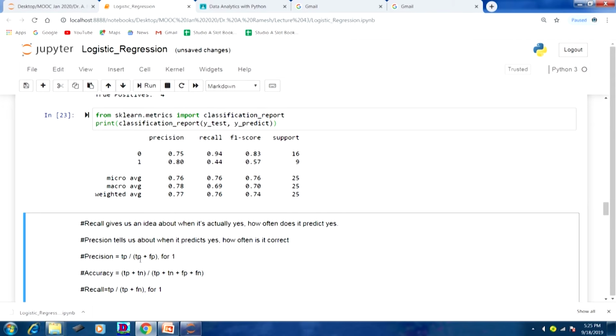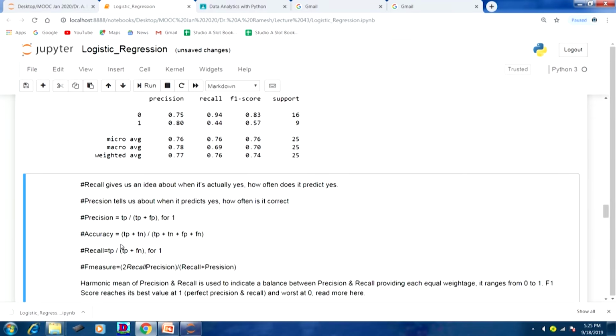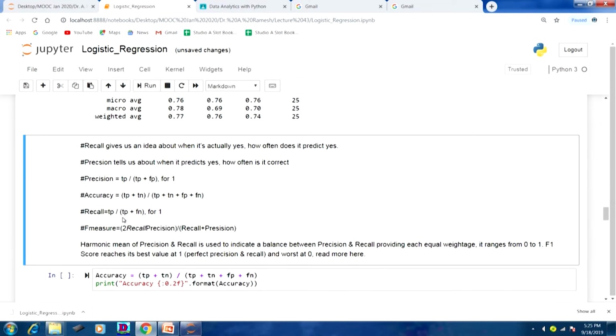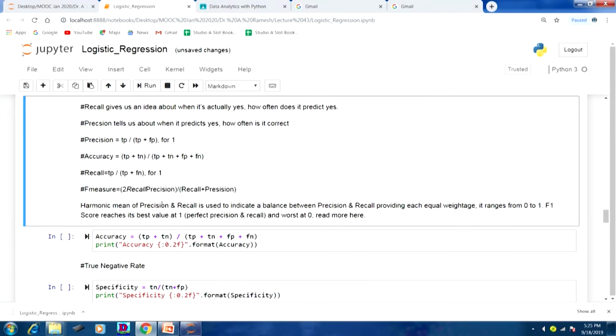So, precision is true positive divided by true positive plus false positive for 1. The accuracy uses the diagonal values of a confusion matrix, that are TP and true negative, divided by the sum of all the cells. Recall is TP divided by TP plus FN for the value of 1. The F measure gives the balance between precision and recall.